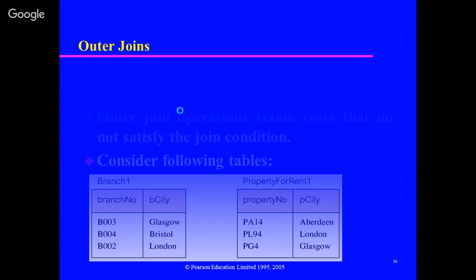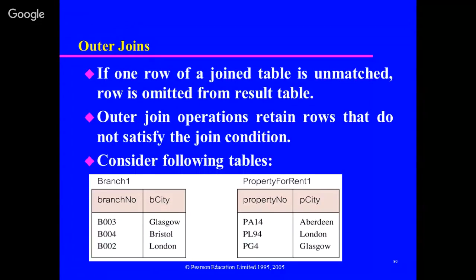There are two tables called branch 1 and property for rent 1. In the first table, I have two attributes called branch number and city. In the second one, I have property number and city. Now, before doing a join between these two, we have to ask: can I do a join between these two tables?